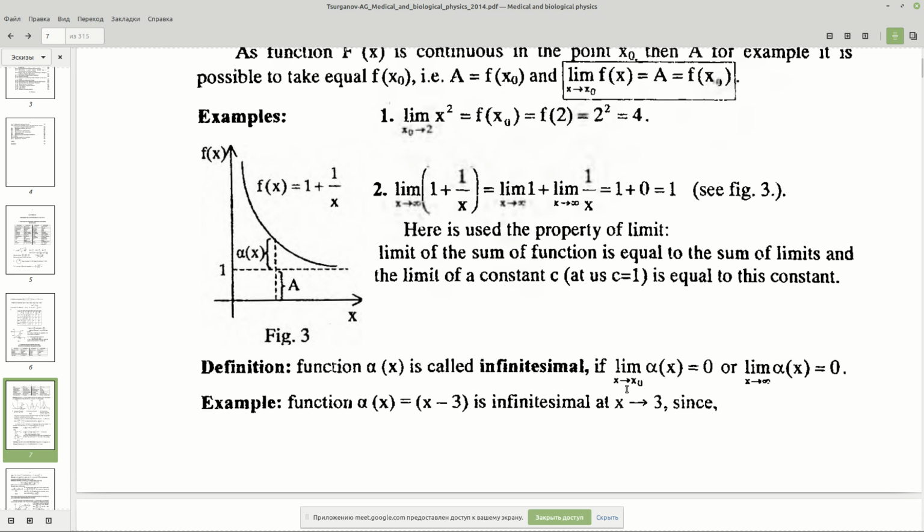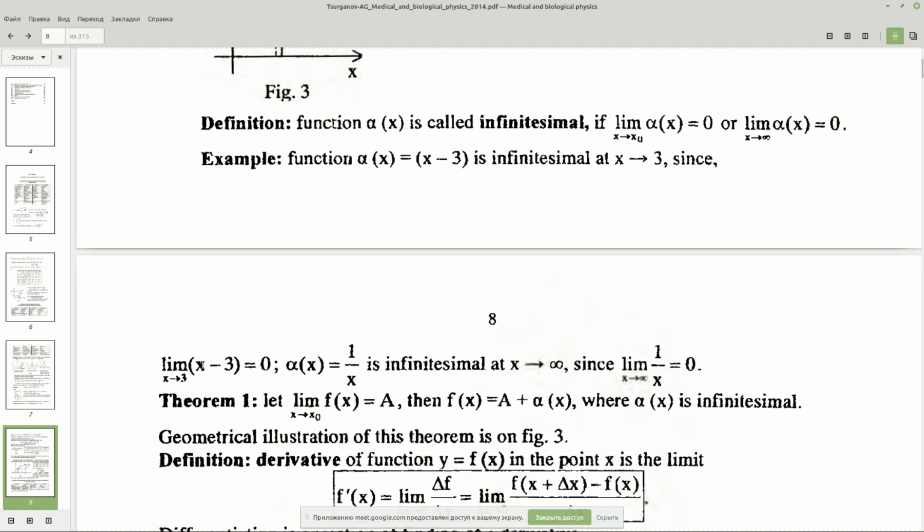For example, the function a of x equals x minus 3 will be infinitesimal at x going to 3, since x minus 3 goes to 0.